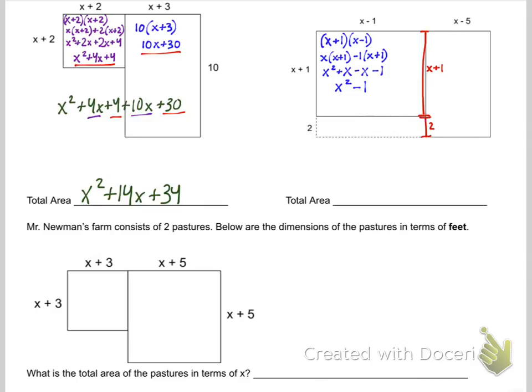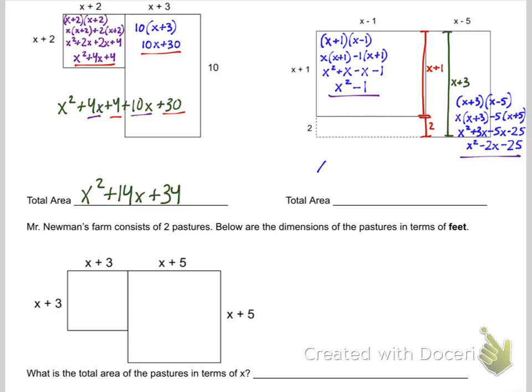So we're going to add those two together, and the total length of that rectangle is x plus 3. So we need to multiply that length, x plus 3 times x minus 5. And we get this as we multiply it out, distribute, and distribute. Combine the middle two terms, and we get x squared minus 2x minus 25. So let's write those out side by side so we can identify and combine like terms.